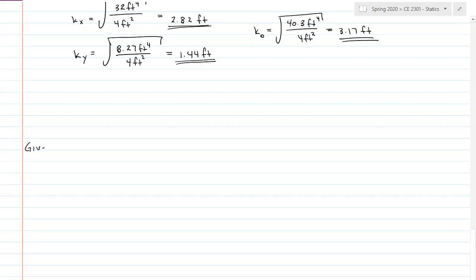Just like other moments, we can have positive and negative moments of inertia that we add together to have a composite moment of inertia.